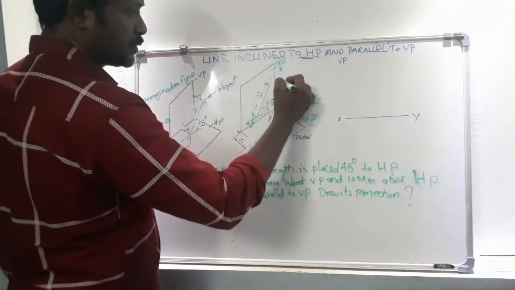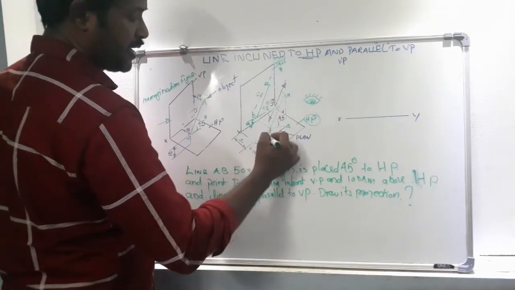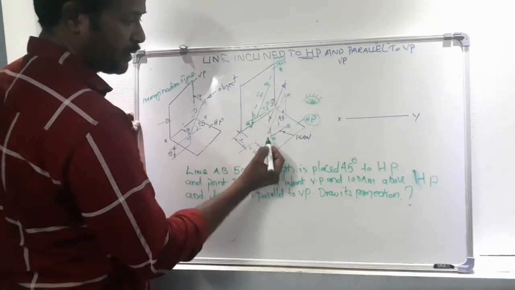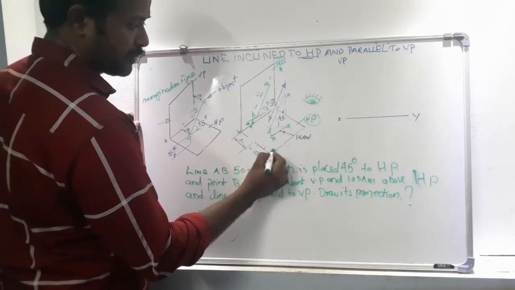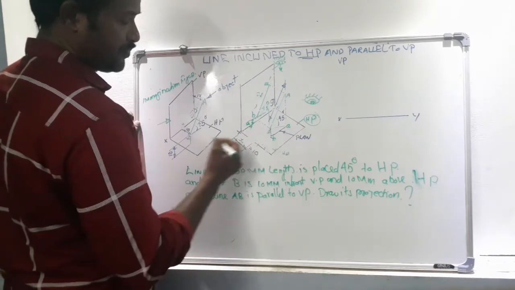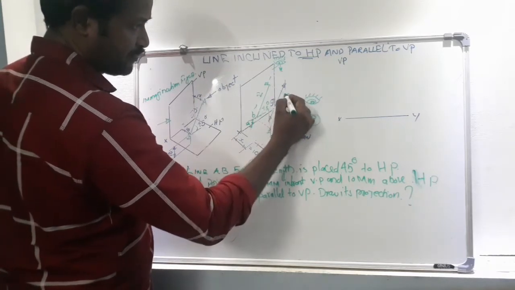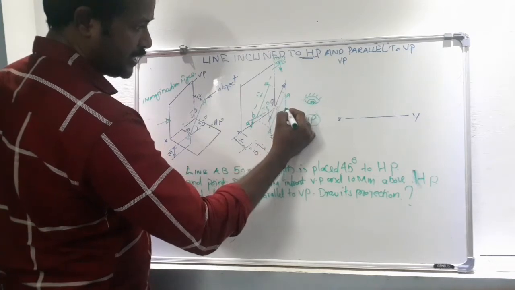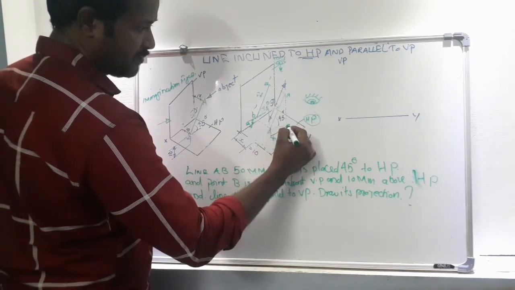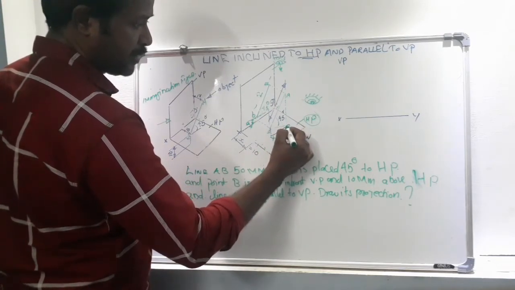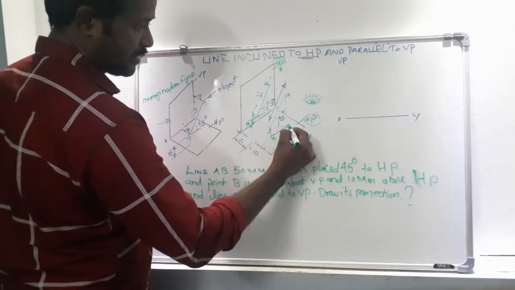So he can project each point A and B with respect to its corresponding plane, the horizontal plane. Then he has to project A towards the horizontal plane. Then we get a point here. That point is called A.